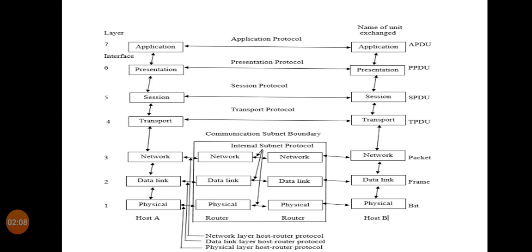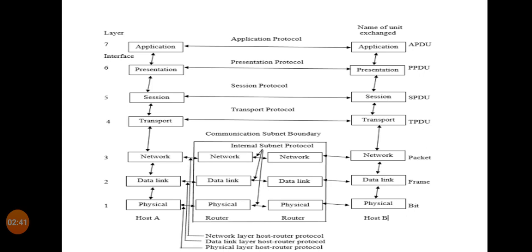The data link layer provides service to the network layer, and so on. The OSI reference model is designed to deal with open systems, which are systems open for communication with other systems. That is why it is called the Open System Interconnection model.